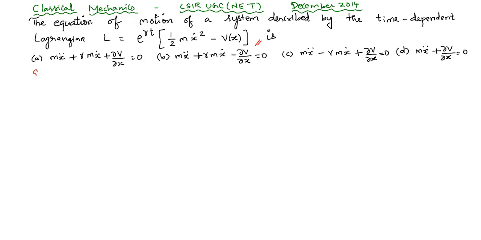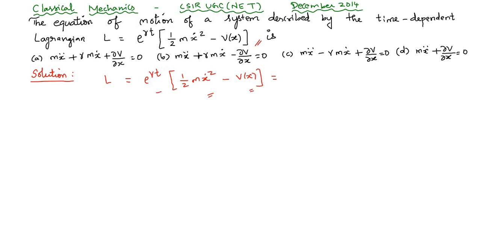The solution to this problem: what is given? The Lagrangian, which is equal to e to the power gamma t times half m x dot squared minus V of x. This is the Lagrangian given to us. Now notice that this Lagrangian contains x dot, x and t.